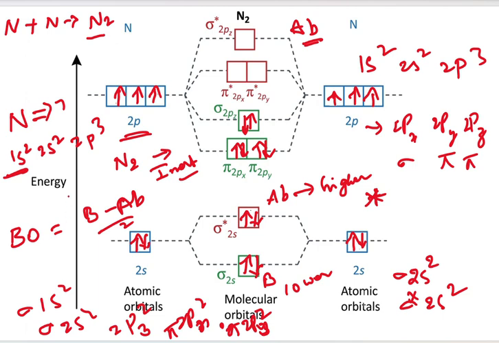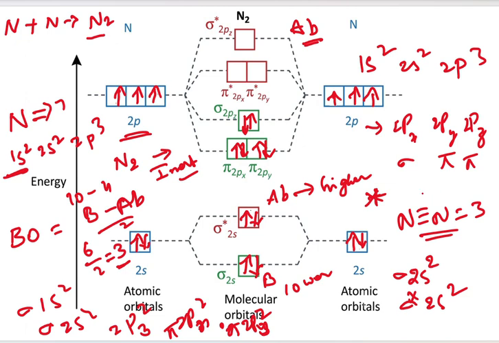Bonding electrons are 10 and anti-bonding electrons are 4. So 6 divided by 2, and the bond order will be 3. In the nitrogen molecule, the bond order is 3.